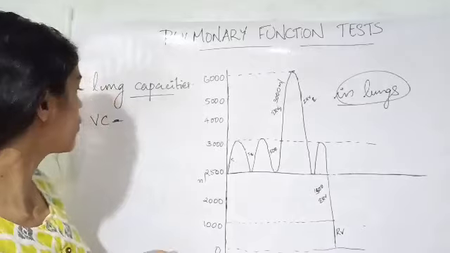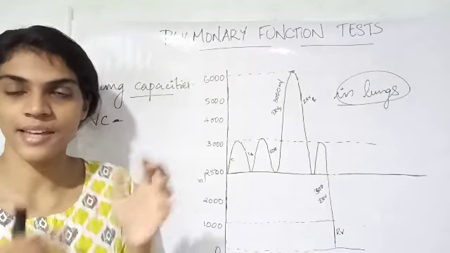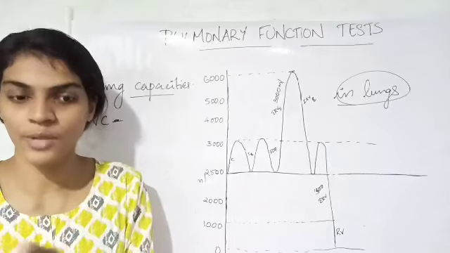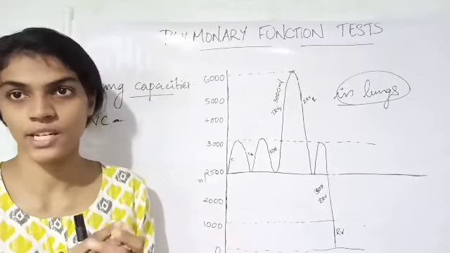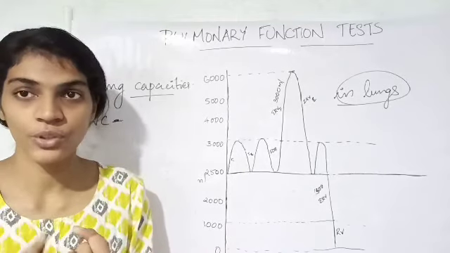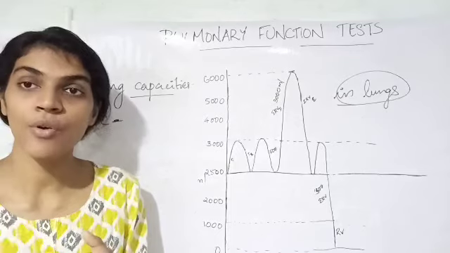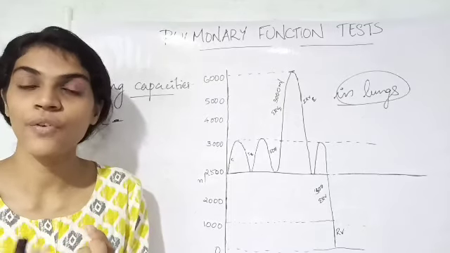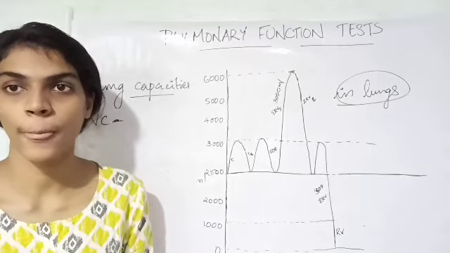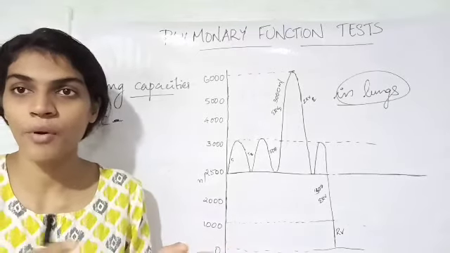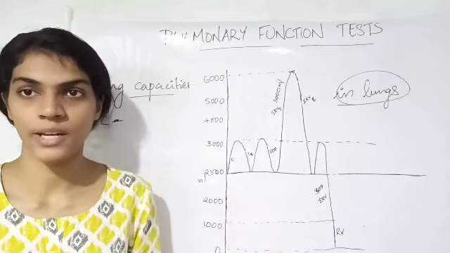So vital capacity is the value we get by summing up all these values between one forceful inspiration and one forceful expiration. Let me give you the definition again. The vital capacity is the amount of air that can be forcefully taken in and forcefully taken out. So it includes all the air that comes between this forceful respiration.